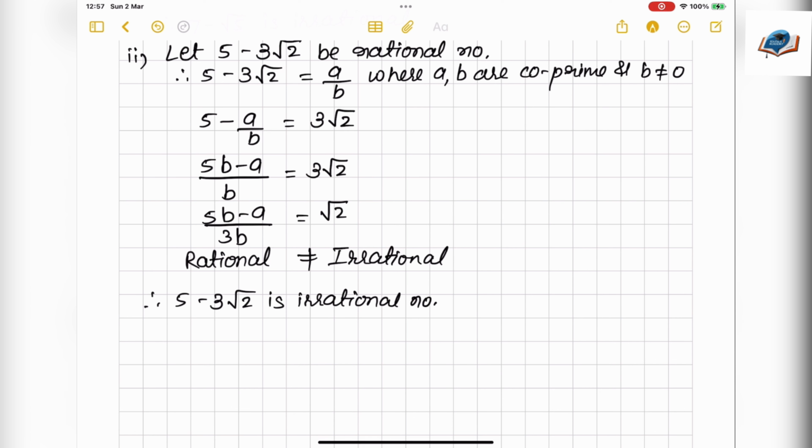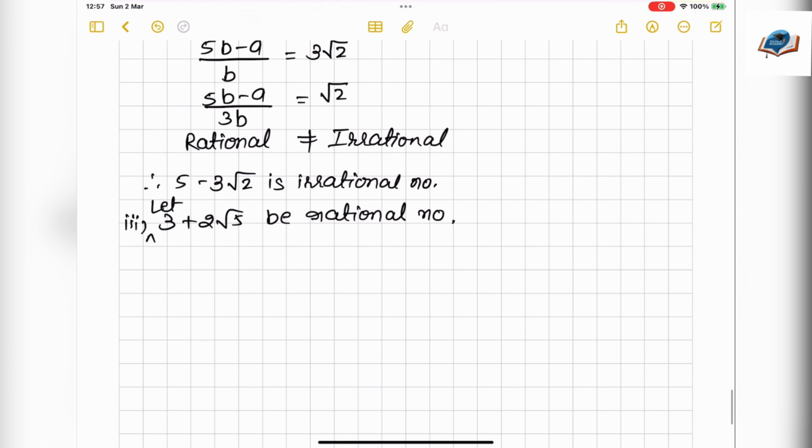Then the third one was 3 plus 2 root 5. Let 3 plus 2 root 5 be a rational number. So 3 plus 2 root 5 will be equal to A upon B, where A, B are coprime and B not equal to 0.